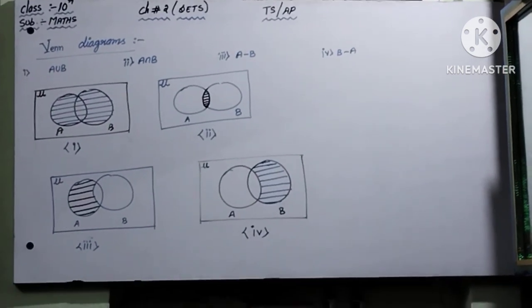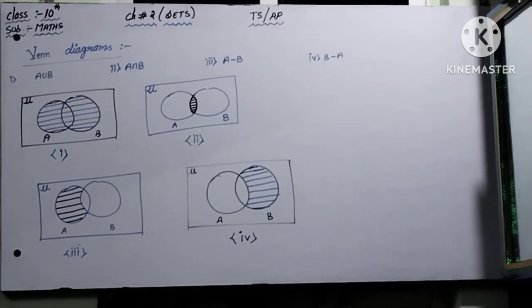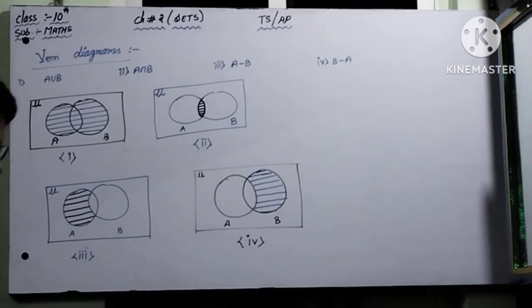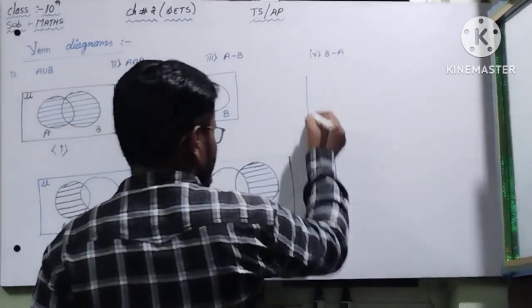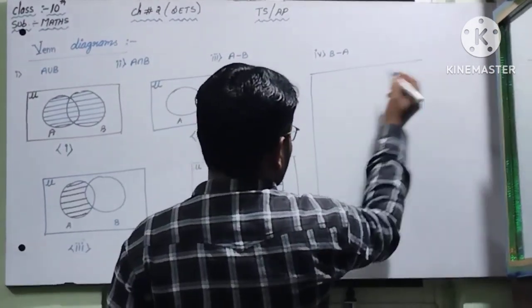These are the Venn diagrams, very, very important. And one more thing I mentioned: the formula. There is only one formula.